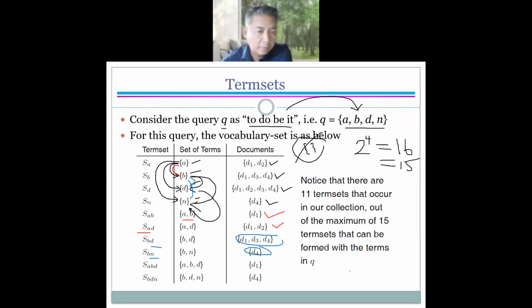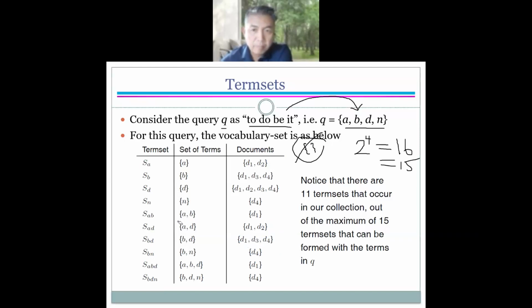Where is D and N? Let me check. So we have D and N. Why don't we have DN here? I think it is missing here.